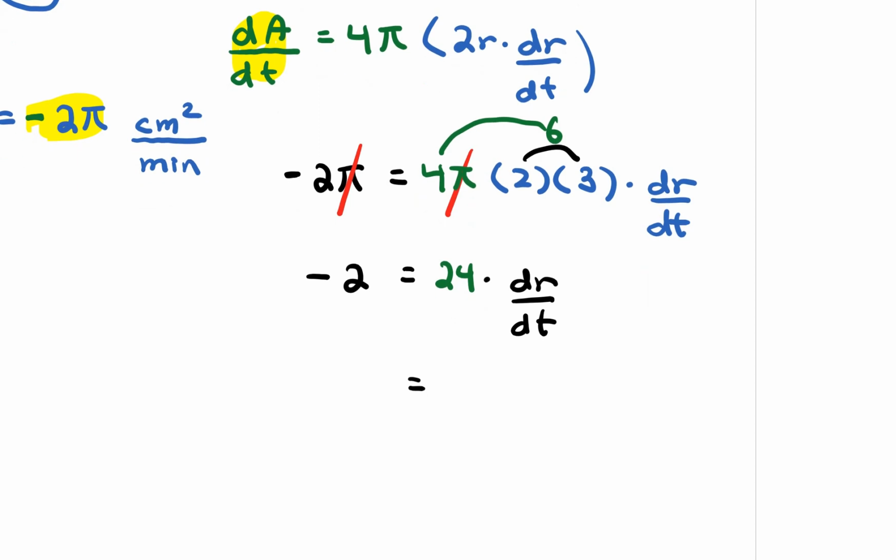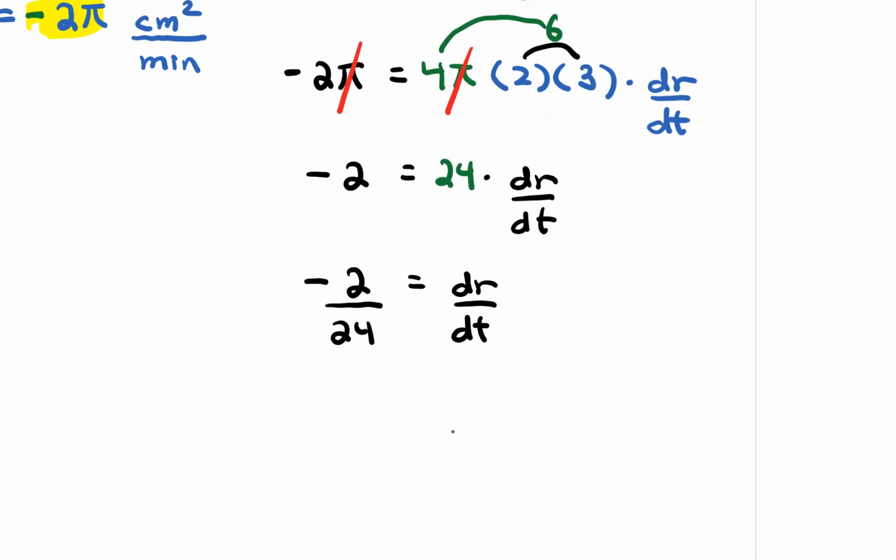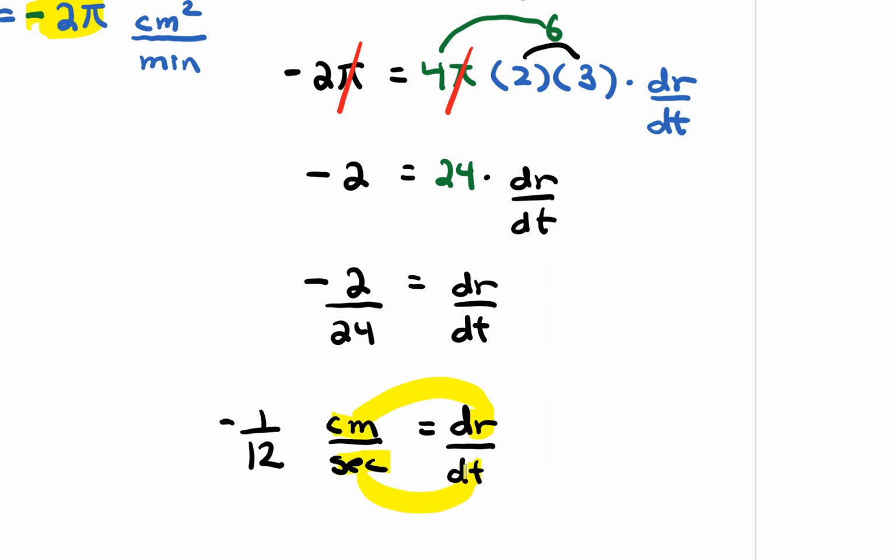Then you can divide both sides by 24, so negative 2 divided by 24 equals dr over dt. With proper units, this would be negative 1 over 12 centimeters per second. Once again, centimeters matches the radius, seconds matches the time. So those are my units for that particular problem.